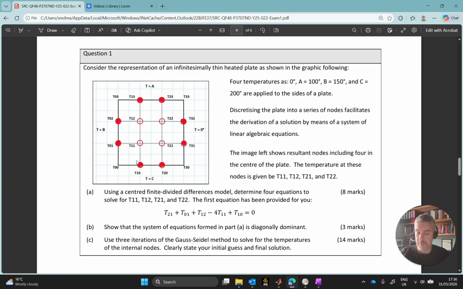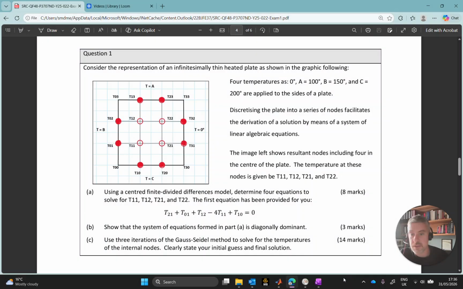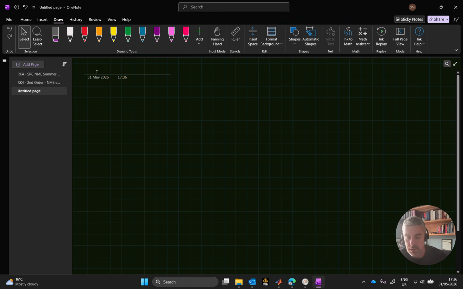So the proposal is to take this whole question and bring it into OneNote. On a page here, let's call this Gauss-Seidel. This is 2026 Numerical Methods for Engineers, and that was question 1, I believe. Let's paste that in.